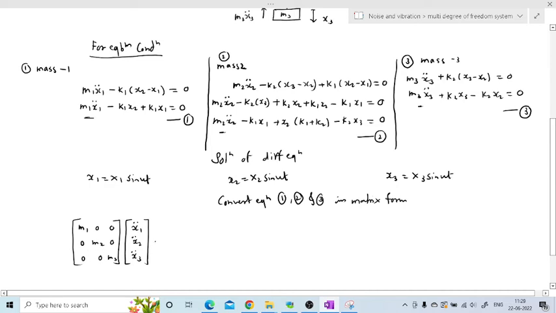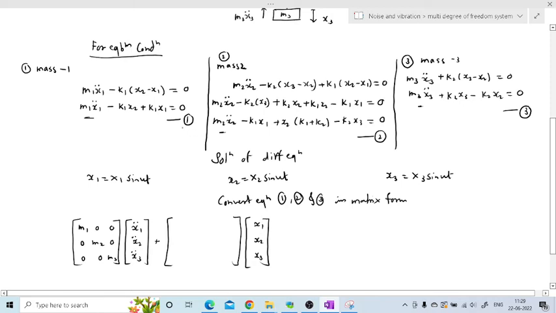Now plus I'll write for displacements. We have three displacements, x1, x2 and x3. So I'll write here x1, x2 and x3. Now I'm going to write the matrix for the displacement.